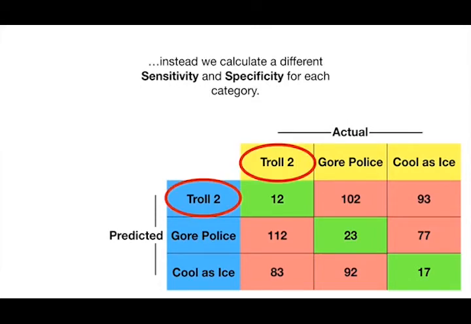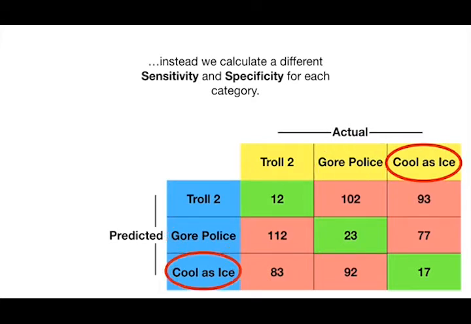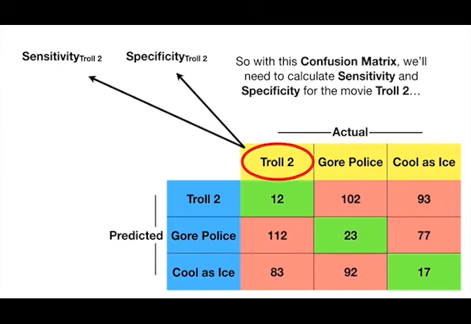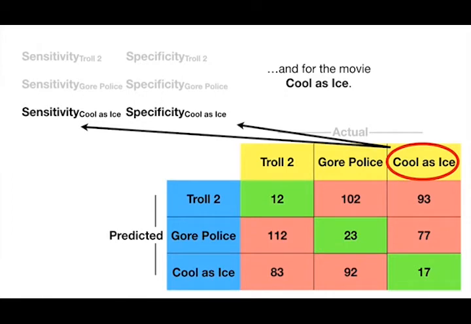Instead, we calculate a different sensitivity and specificity for each category. So for this confusion matrix, we'll need to calculate sensitivity and specificity for the movie Troll 2, for the movie Gore Police, and for the movie Cool as Ice.